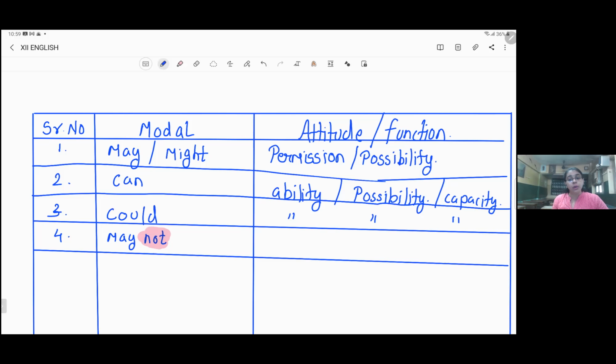So the function will also be in a negative form. May not means it is denoting that it will show some prohibition. Clear? It will show some prohibition.